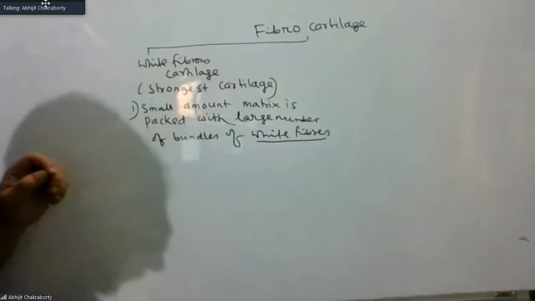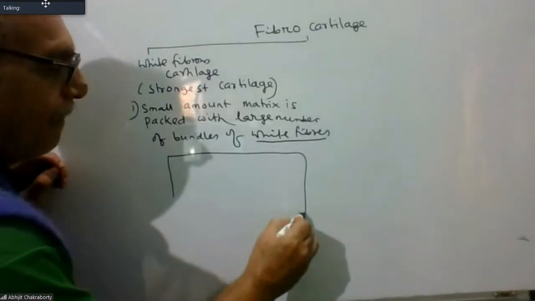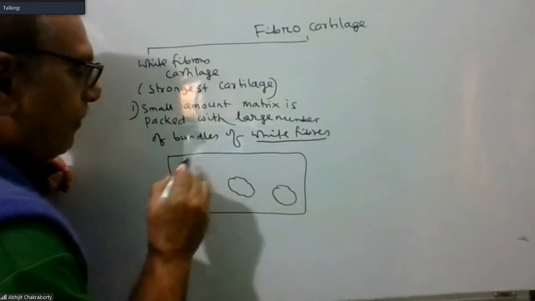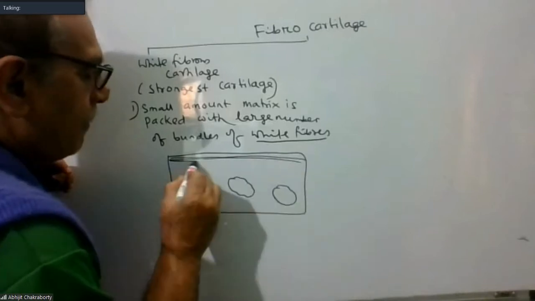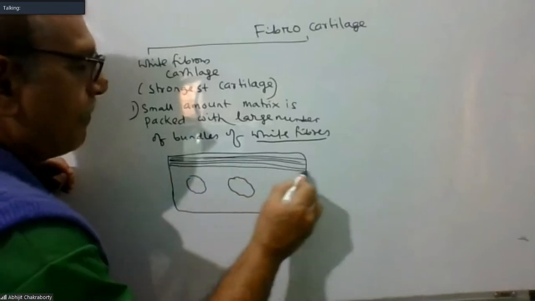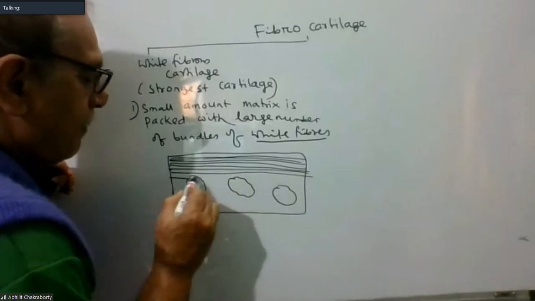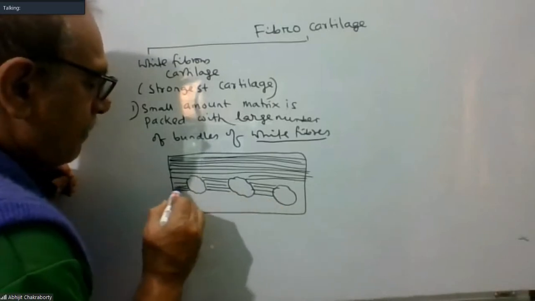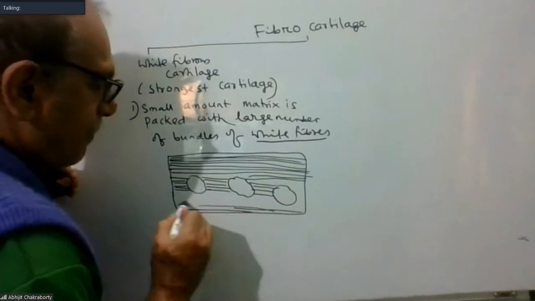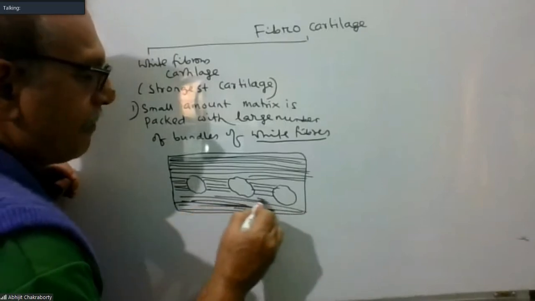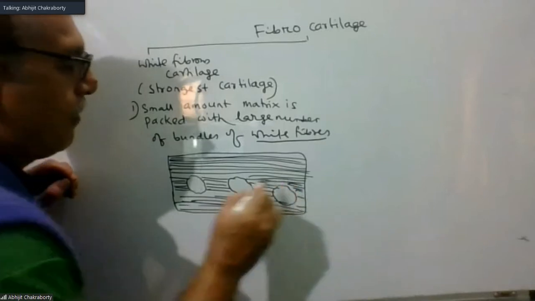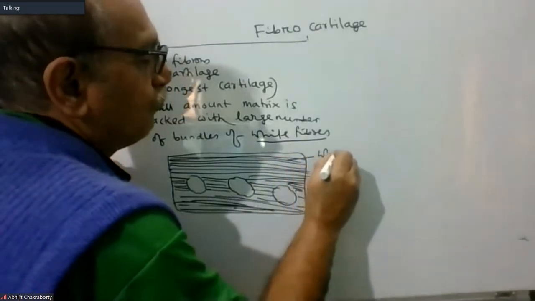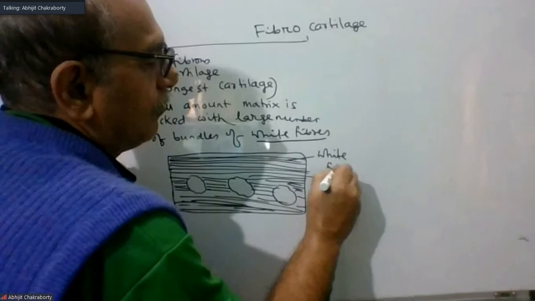And what does it appear like actually? First, you will get the matrix.